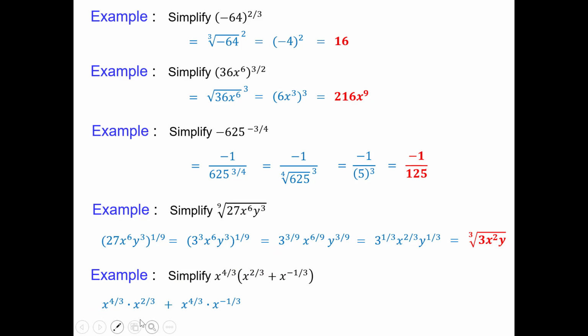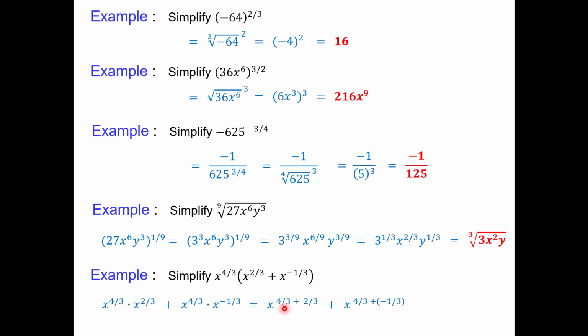Now at this stage we can add the exponents, and here's the difference. Now we are multiplying x times x. Over here, x times x. So that is our power rule, our product rule. So we can add the exponents now.